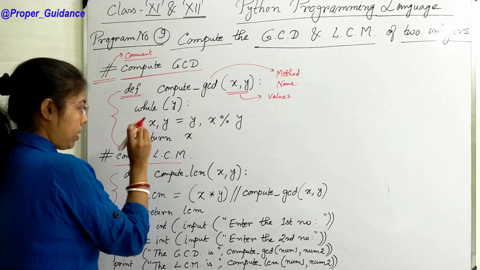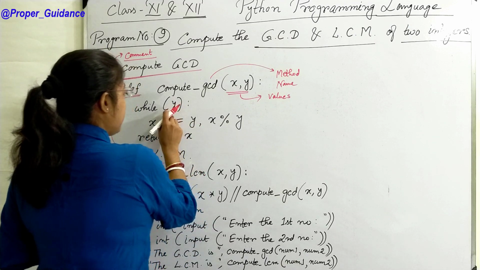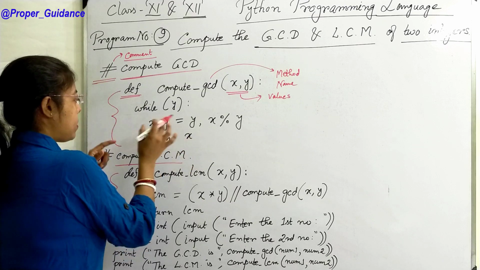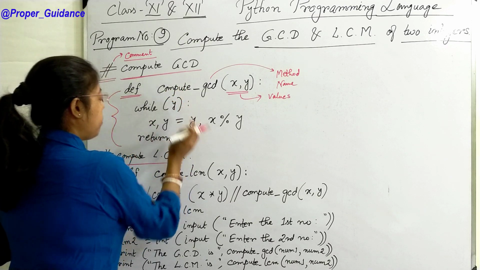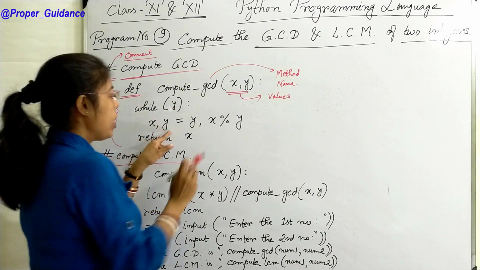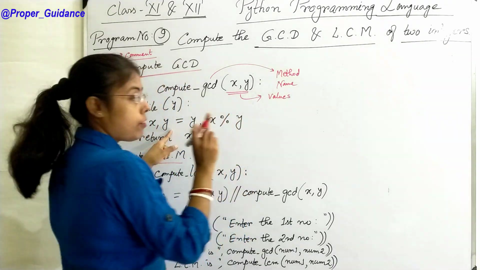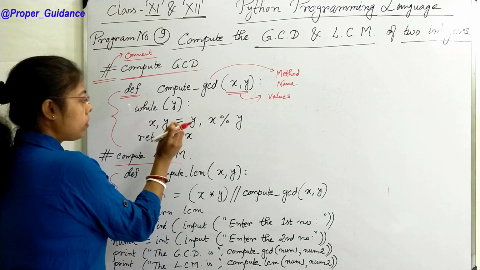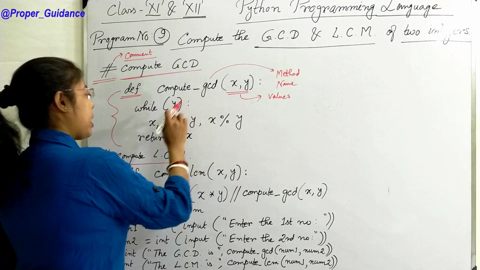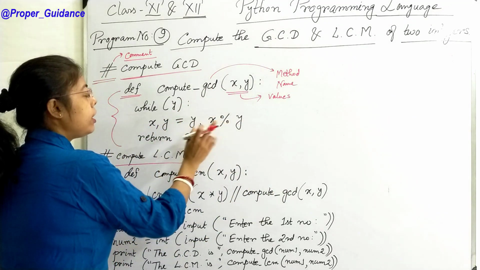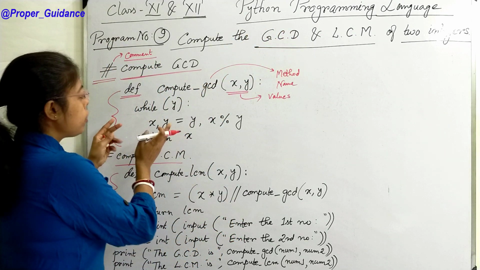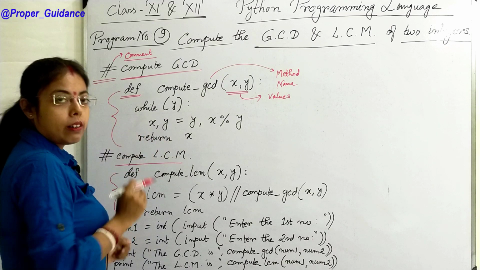This line means that when y has any value, then we assign y to x, and x modulus y is calculated, and the resultant value will be assigned to y. In a single line we can do this because Python allows multiple assignment in a single line.